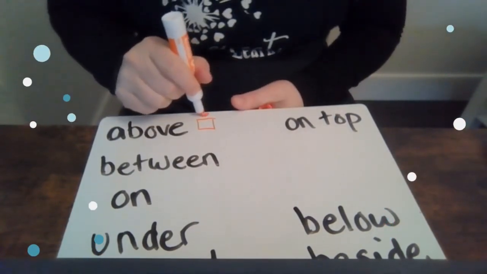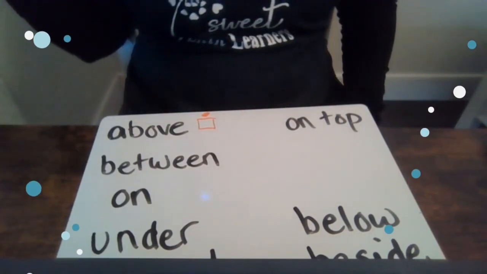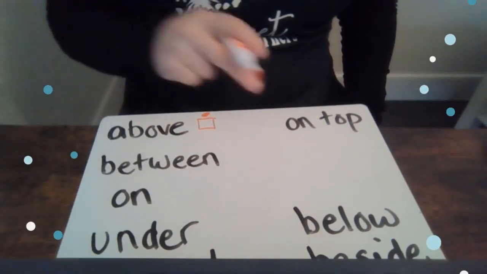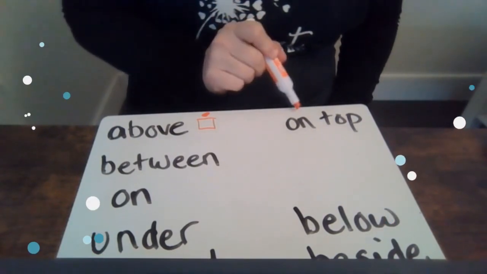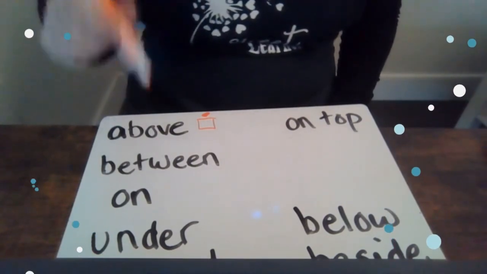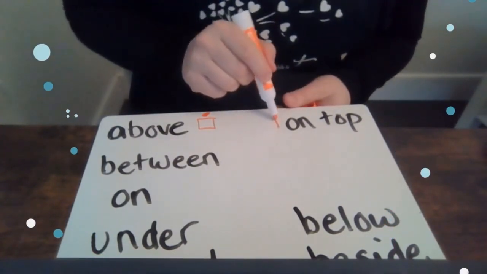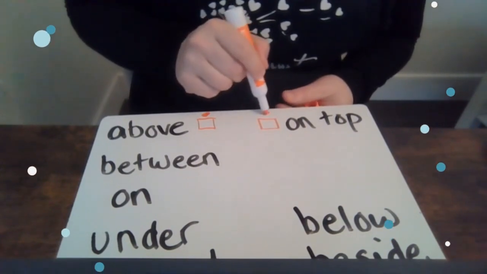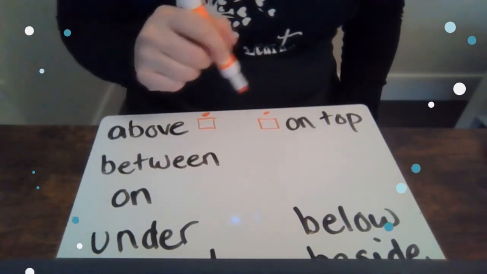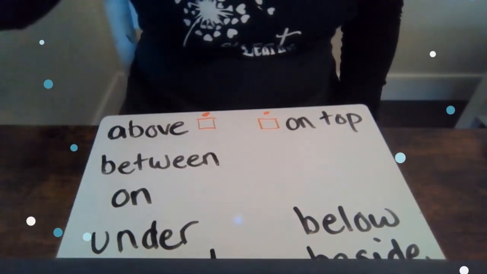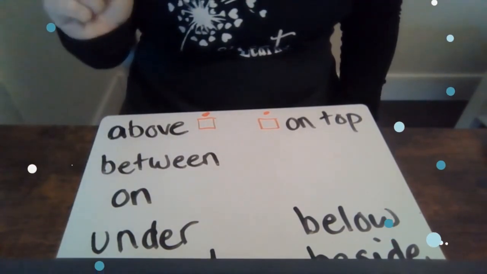That's right. This is an example of above. The dot is above. And the words on top, there's 2 words here. Does it mean the same as above? Yep. So just to remind us, on top and above are up, above, or on top of the thing.